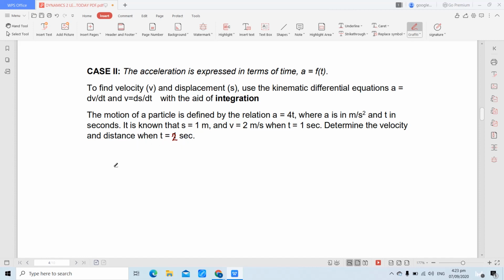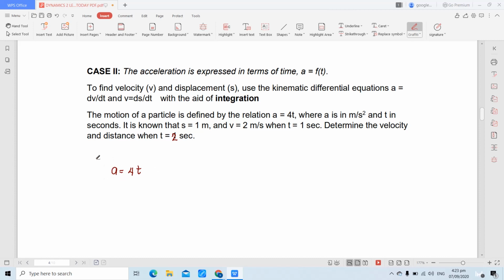Okay, sulat lang natin yung ating binigay na equation. A is equivalent to 4t. And that is under case number 2 dahil acceleration is a function of time t. Tama? Ngayon, ang process integration. Kapag nag-integrate, kailangan differential equation. Eh, wala naman tayong differential equation dyan.